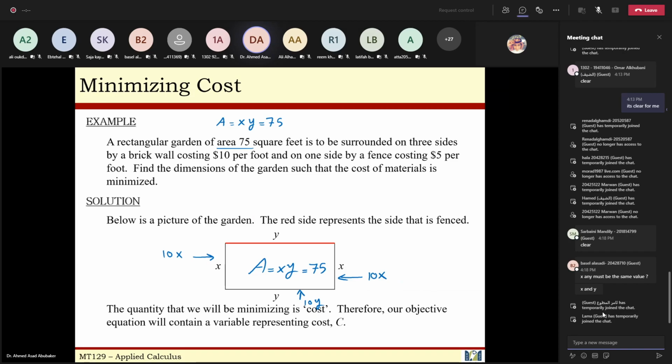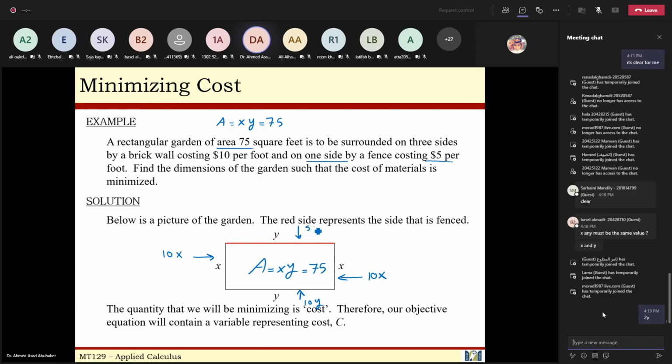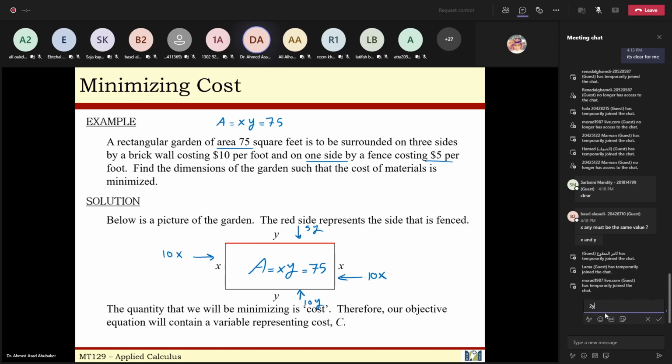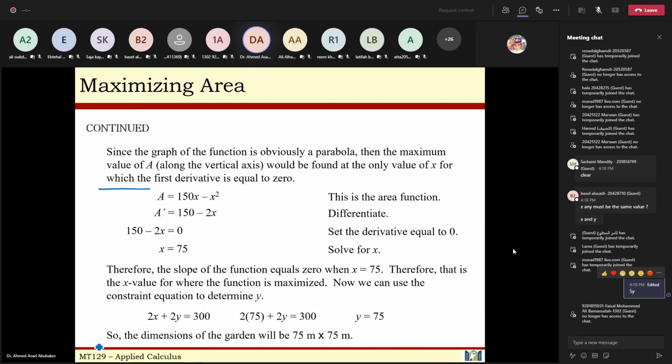These are the 3 sides. And one side costs $5 per foot, so this is 5y. Find the dimensions, so we need to find x and y. For such a big garden, the cost of material must be minimized.